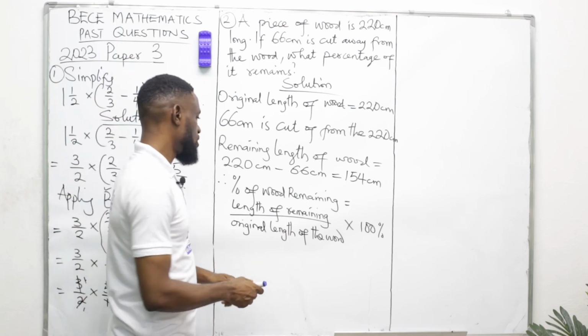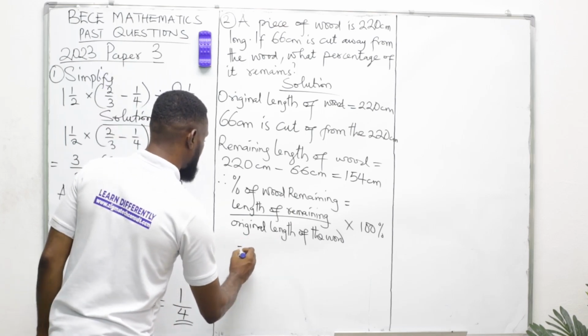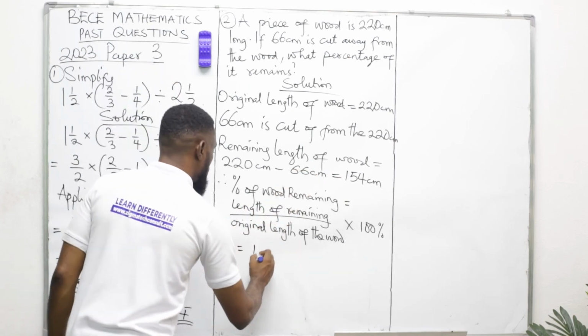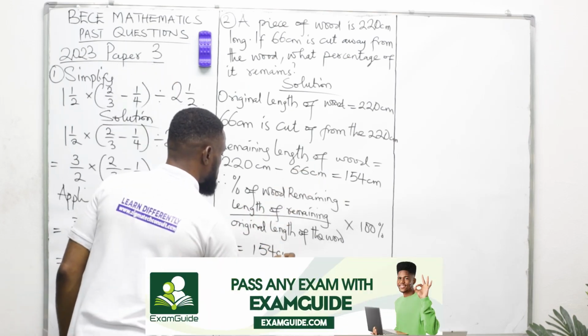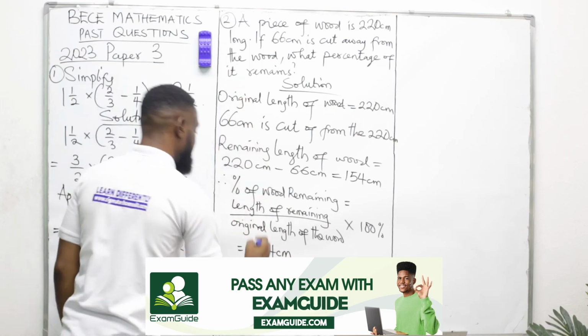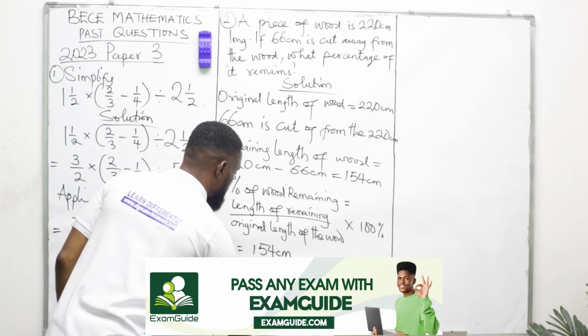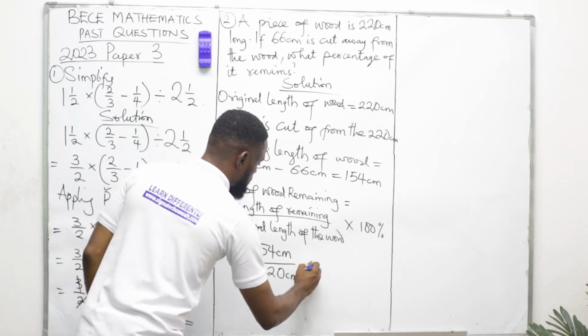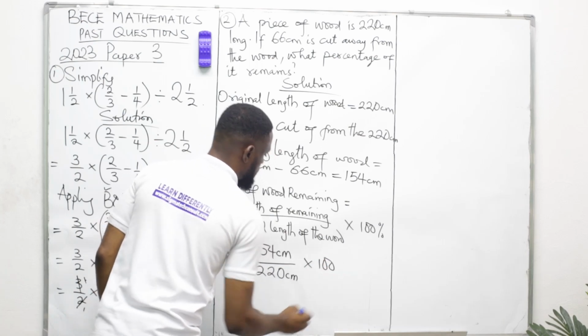So that is it. So if we have that, it's just to quickly say that is equal to our length of remaining wood, 154 centimeter, all over our original length, 220 centimeter, times 100.